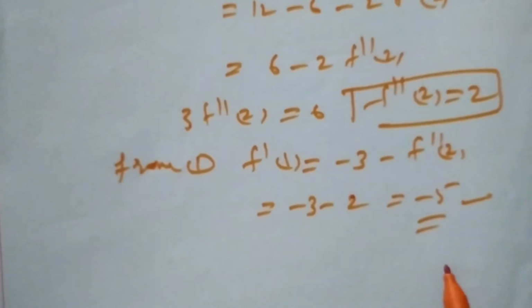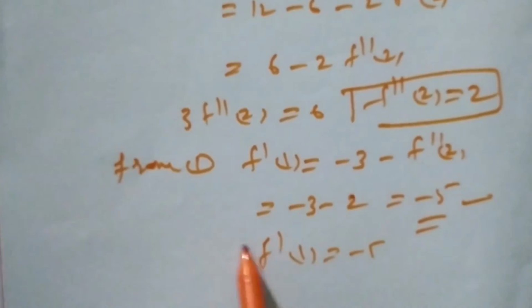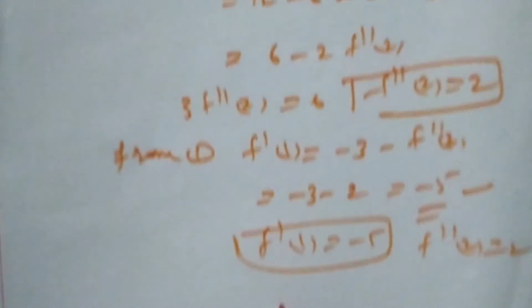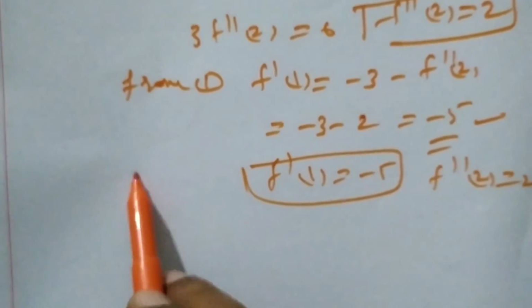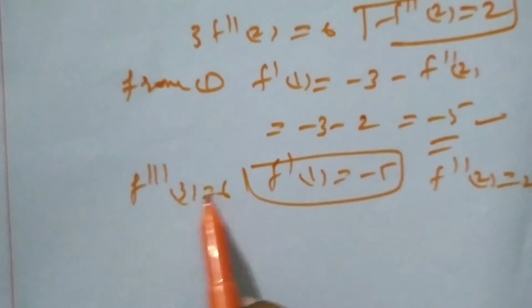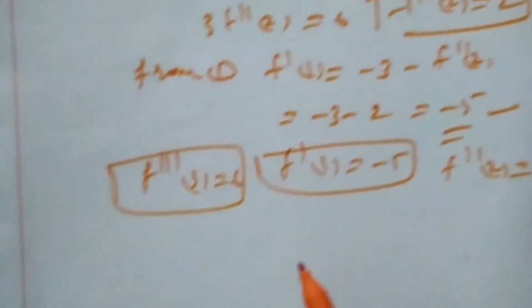So f'(1) = -5, f''(2) = 2 and f'''(3) = 6. So these quantities are given.